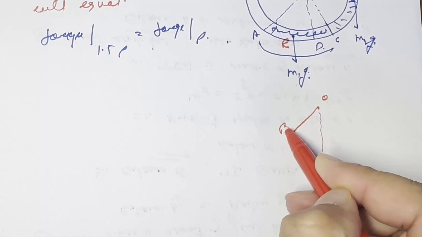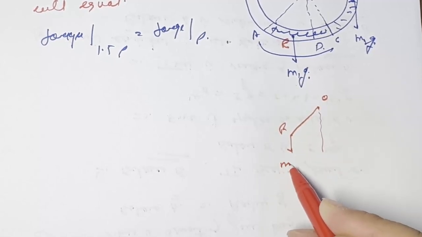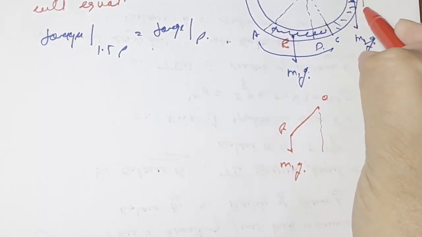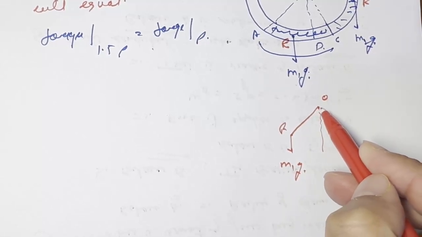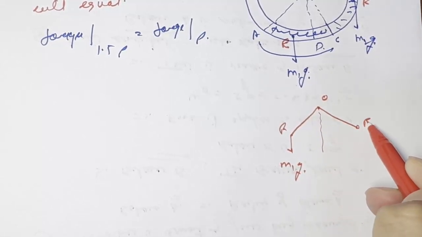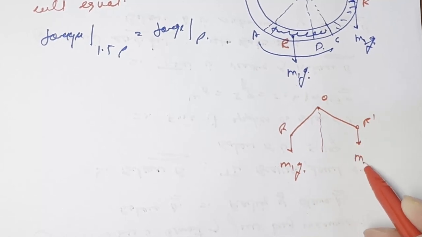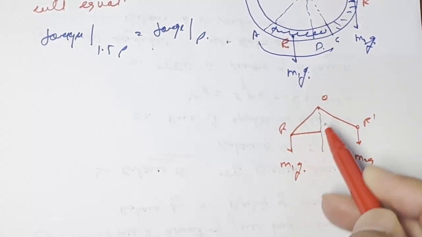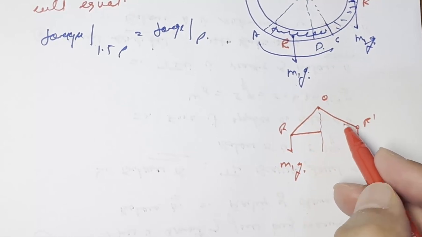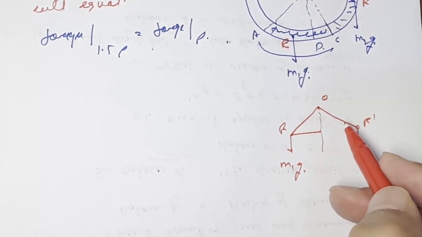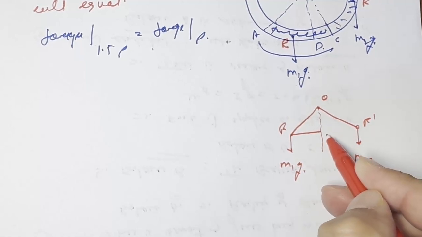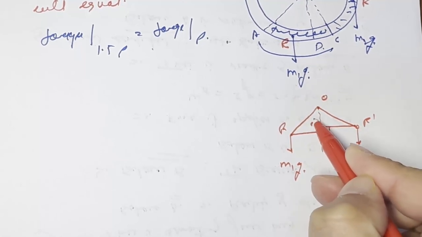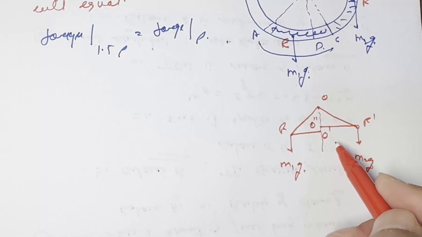So this is our R, and we have m1g in the downward direction, and the other point, let us take this R prime, and we have here m2g. Let us call this point as N, and we have already taken. So let us call this as O prime, and this point as O double prime.